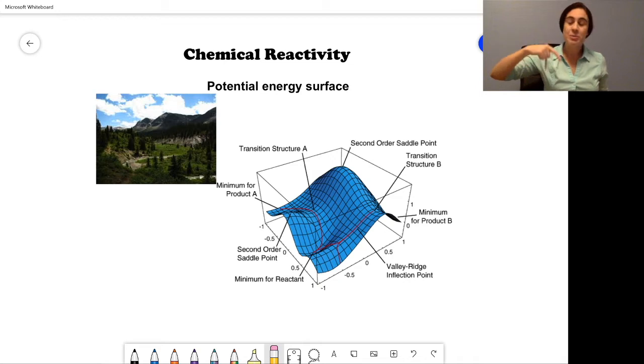Typically, you're going to be looking to go through a valley and over the lowest point between two mountains to get to the next area of interest, right? So you're looking for the lowest energy path to get there. And that's what molecules are doing. So they're going to look for the lowest energy path and take that more often than they do the higher energy paths. All right, so we are going to look more closely at potential energy surfaces.